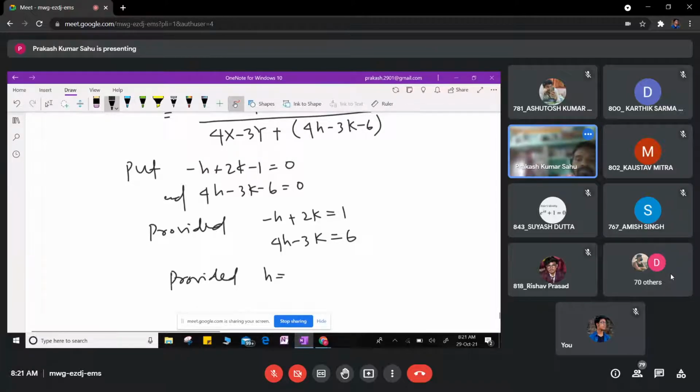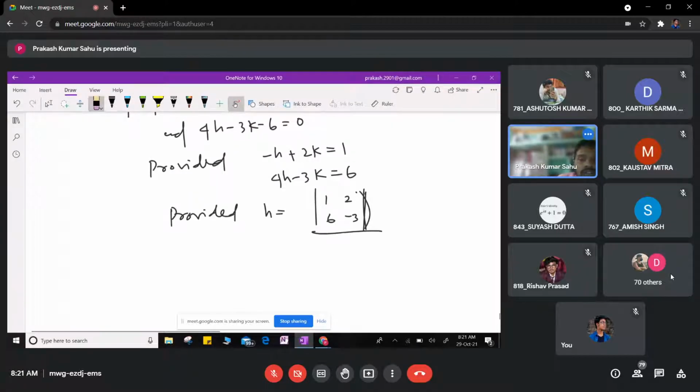This is the determinant with rows 1 2 and 6 minus 3, divided by the determinant with rows minus 1 2 and 4 minus 3. बोलो क्या होगा?